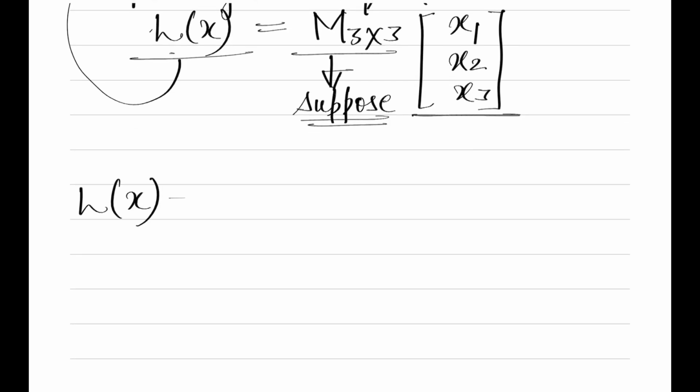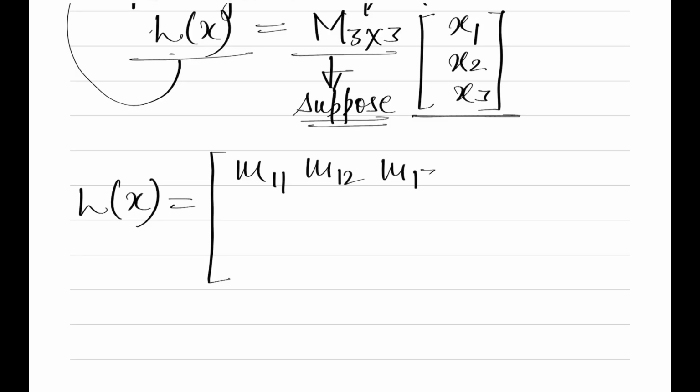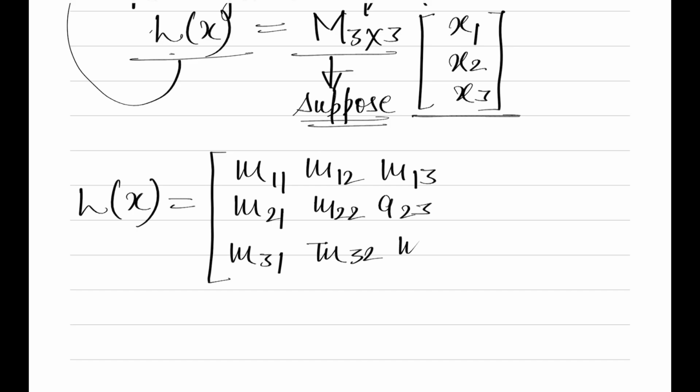Now we will suppose a 3 cross 3 matrix which is m11 m12 m13, m21 m22 m23, m31 m32 m33.